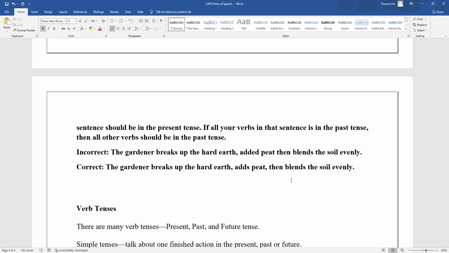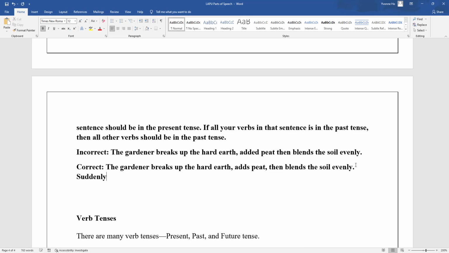Then I teach you how you would use certain words that would introduce simple past. A simple past is used when a sudden action occurs. Suddenly, the earthquake struck. So in the middle of, let's say, this guy doing his gardening, he's breaking up the hard earth, adds the peat, blends the soil, and then you would use a signal word like suddenly, an earthquake struck.